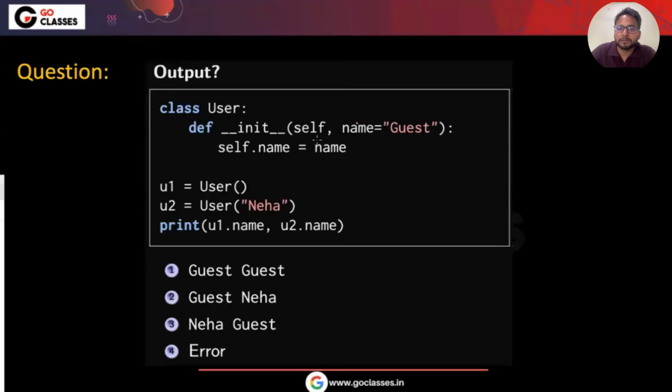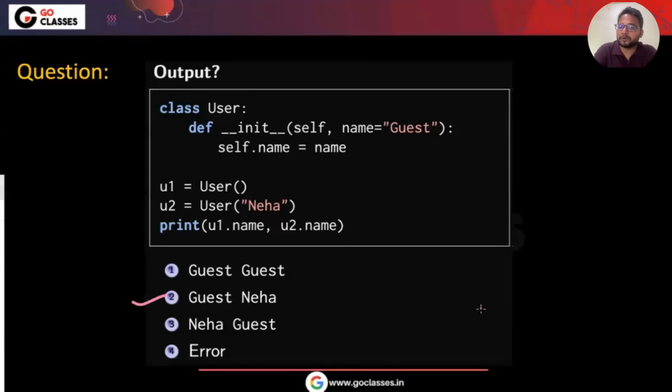What about this? Now here, by default, I'm saying the name is guest. If I'm not giving it at the time of the object creation, then it is okay. By default, I'm saying the name is guest. So it will say guest, and then if you're passing the name, then it will say Neha. So I think guest Neha will get printed, right? So guest Neha, which is 2.